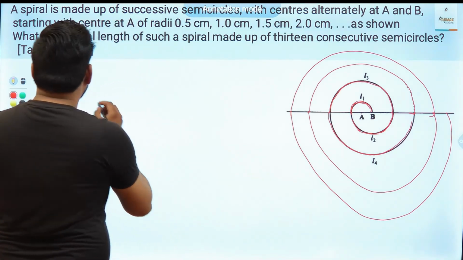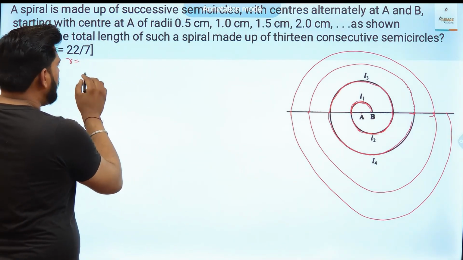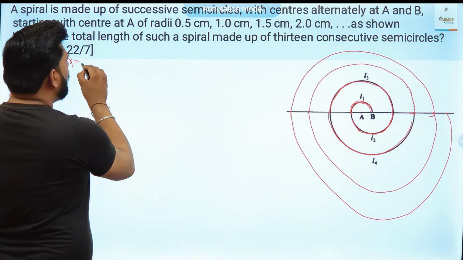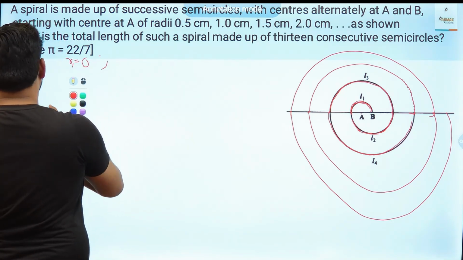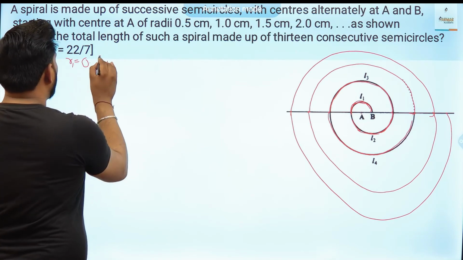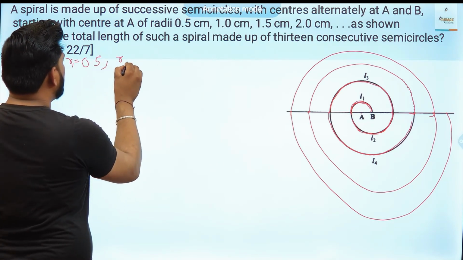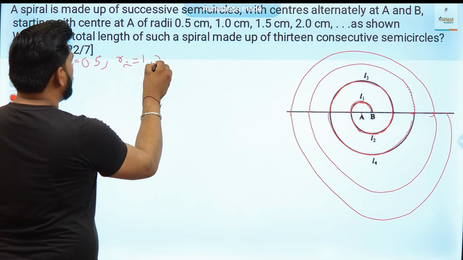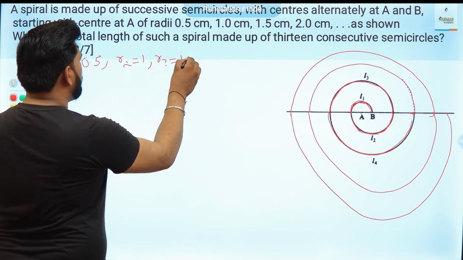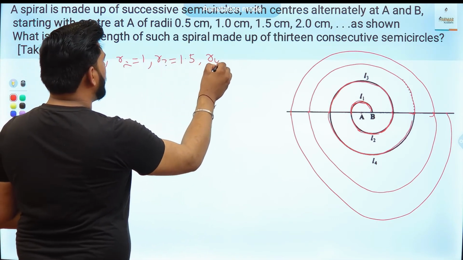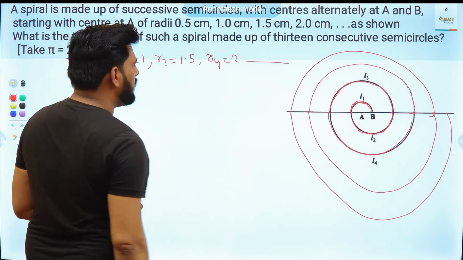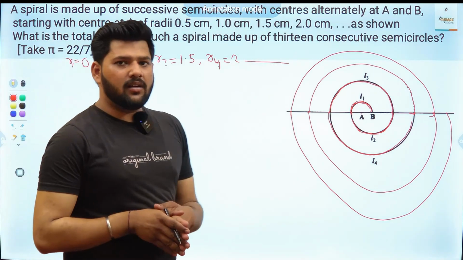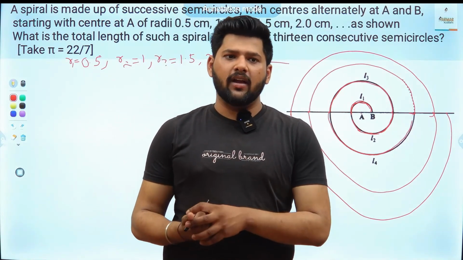First of all, the first radius is 0.5. The second radius is 1. The third radius is 1.5. The fourth radius is 2, and so on. Now, as this is a semicircle, what is the length of wire used for a semicircle?